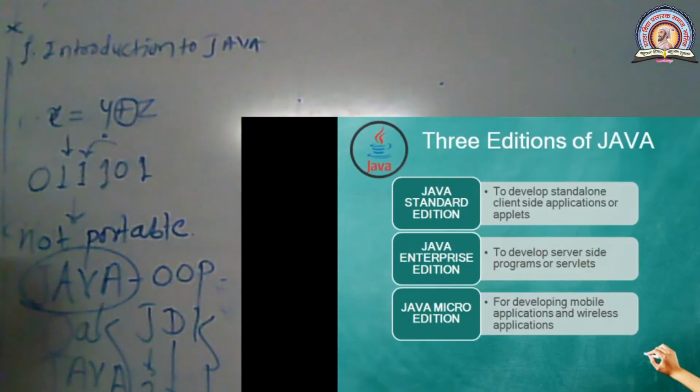Then there are 3 editions of Java: Java Standard Edition, Java Enterprise Edition, Java Micro Edition. There are 3 types of programs of Java. Client-side applications, those are called as what? The applets. Then server-side programs, those are called as what?